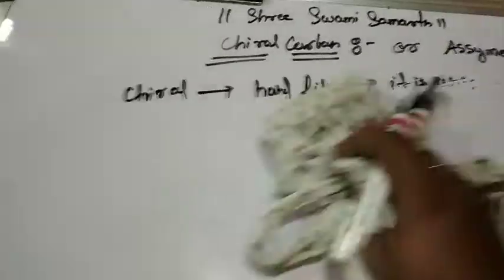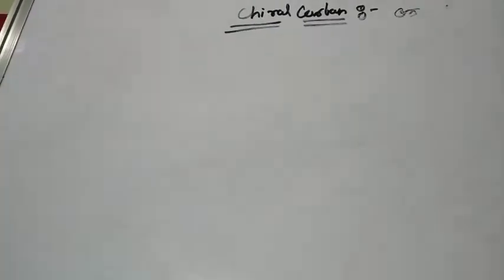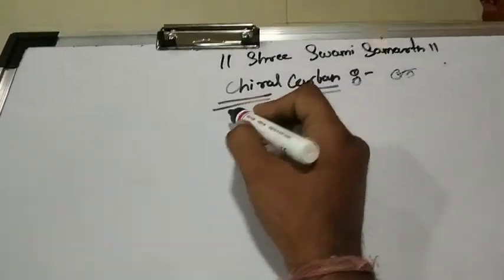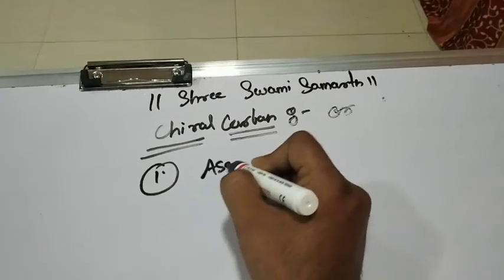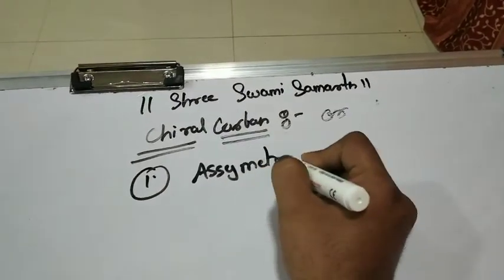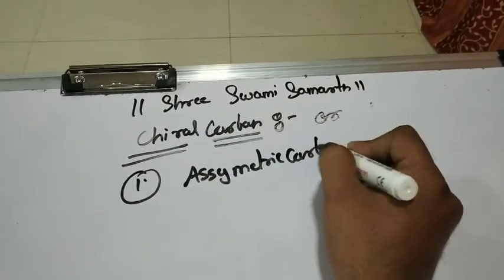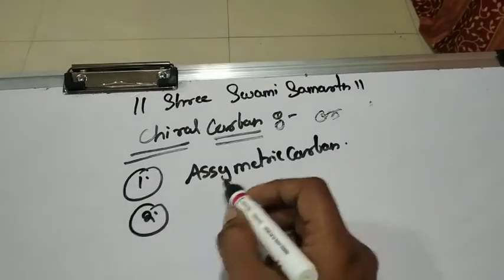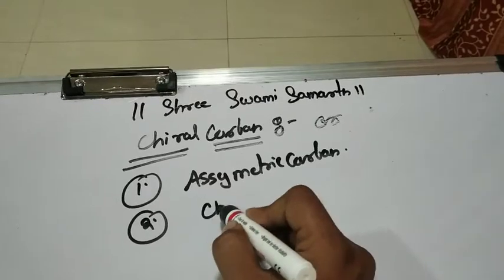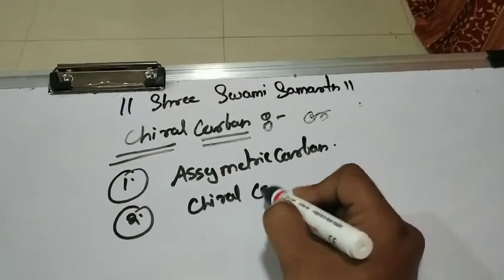Okay, now let's understand what the chiral carbon is in detail. Chiral carbon has different names. Number one, it is also called asymmetric carbon. It is also called chiral center.